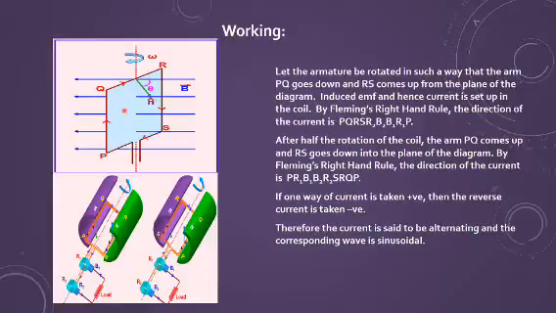We have to use Fleming's right hand rule, where my forefinger of the right hand represents the magnetic field. The thumb represents the motion of the wire or the armature coil, and then the induced current will be given by my central finger. So this is by the right hand rule.